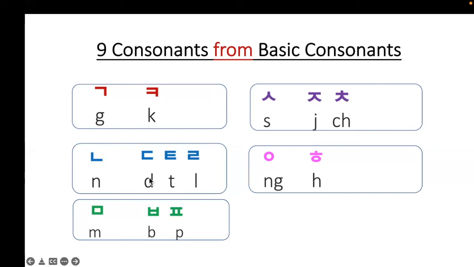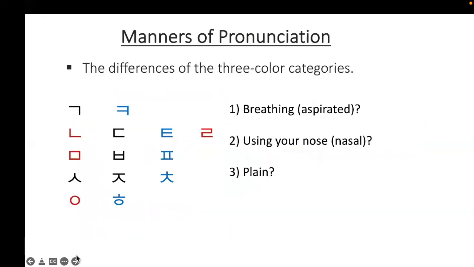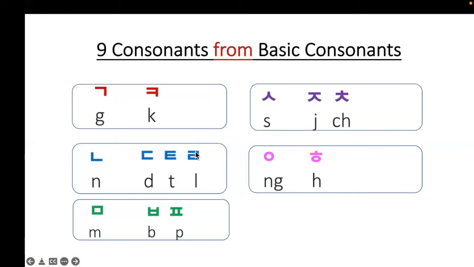For the ㄷ sound, he just put one more stroke on top. And he also knew that "d" and "t" are really similar, so he put one more stroke here in the middle: ㄷ and then ㅌ. And lastly, ㄹ looks really complicated, but you can put ㄱ on top and then ㄷ at the bottom.